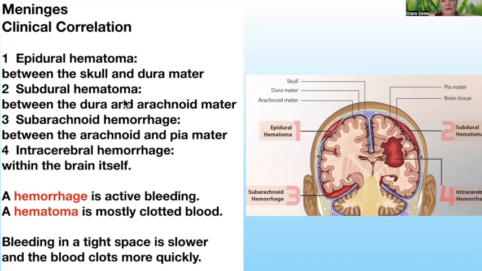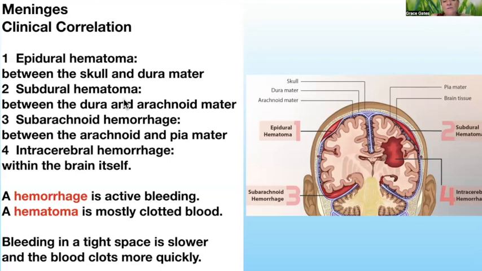A subdural hematoma, which is between the dura and the arachnoid mater, well, that's also a fairly tight space, so you'd also expect the bleeding to be stopped a little more quickly. But when we get into the space between the arachnoid and the pia mater, that's a space that usually just has cerebral spinal fluid in it.